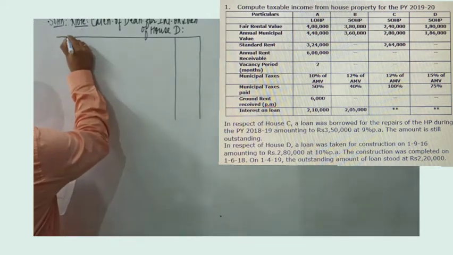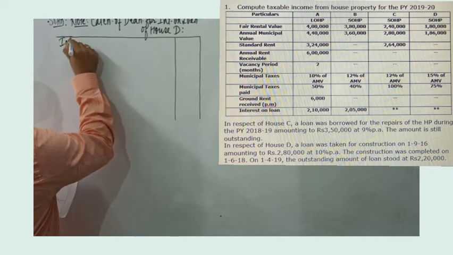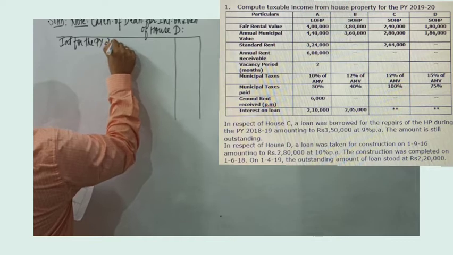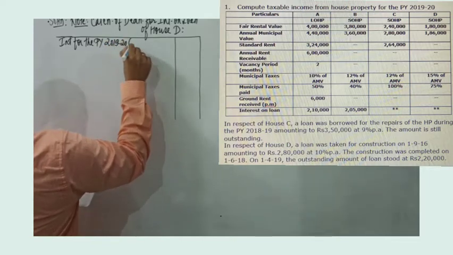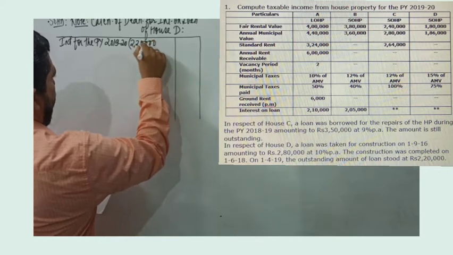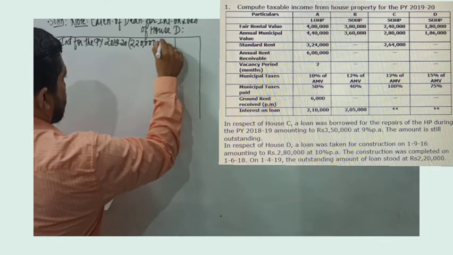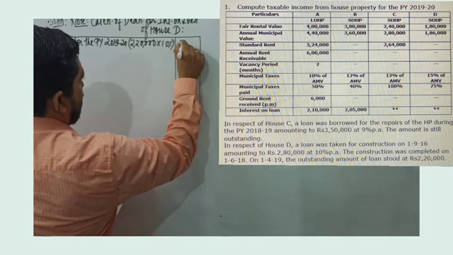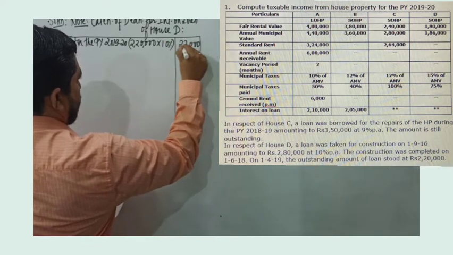So I record over here interest for the previous year 2019-20. The outstanding loan amount given is 2 lakh 20,000 and the rate of interest given is 10%. So 10% of 2 lakh 20,000 is 22,000.